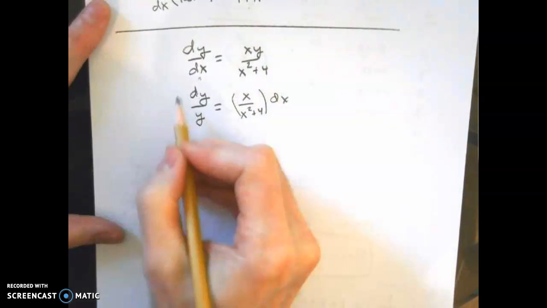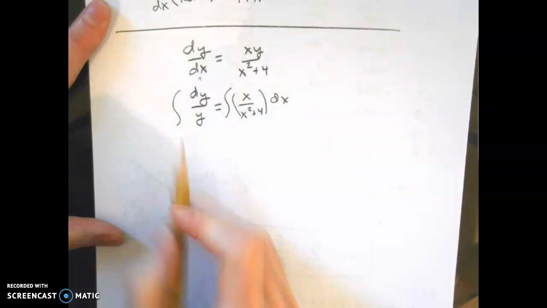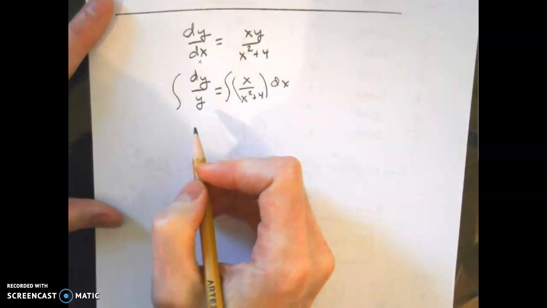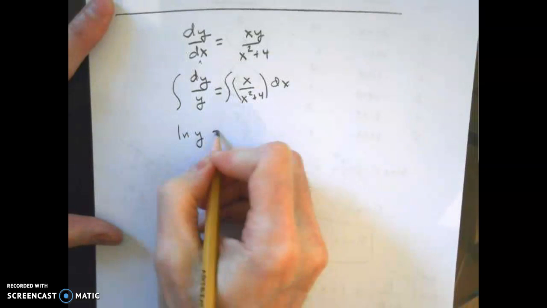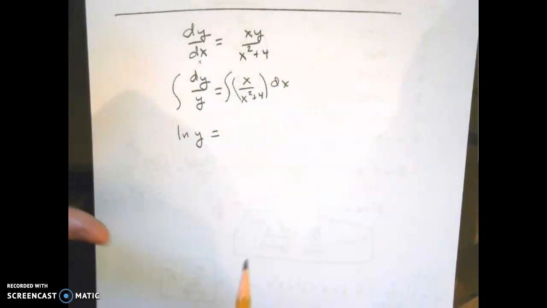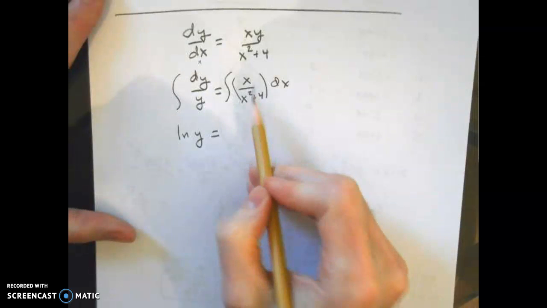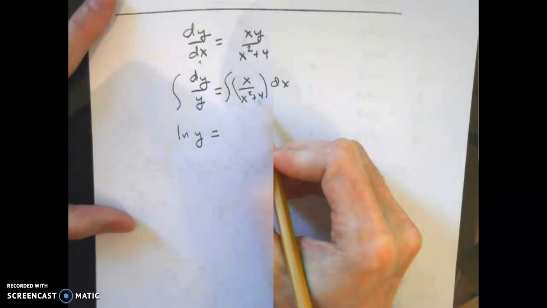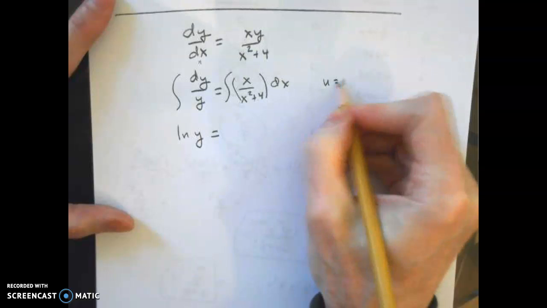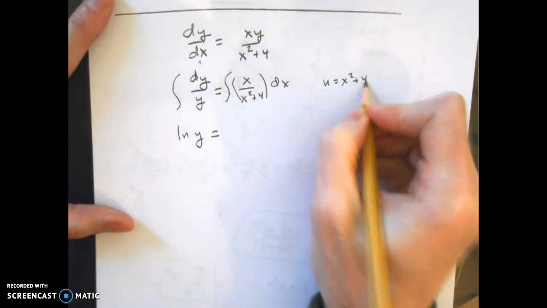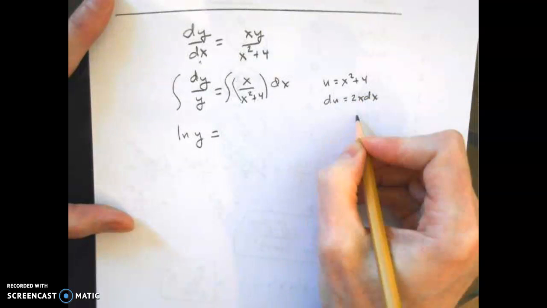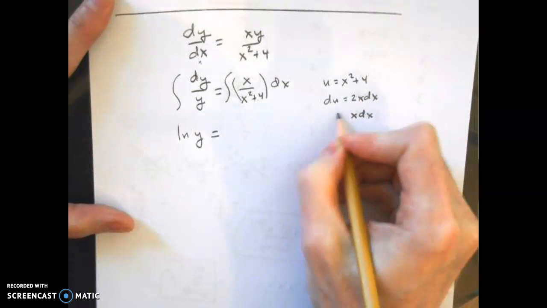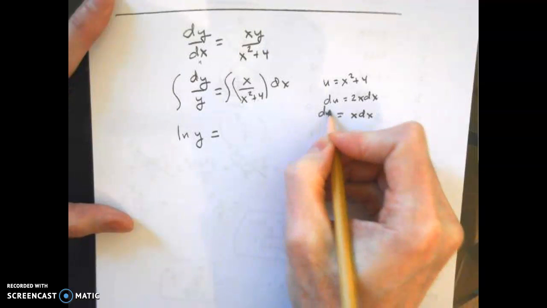Now we can integrate both sides. The antiderivative of this is going to be ln of y, which is equal to, in this one we could do a substitution. Let u equal x squared plus 4. du is going to equal 2x dx. So x dx is going to equal du over 2.